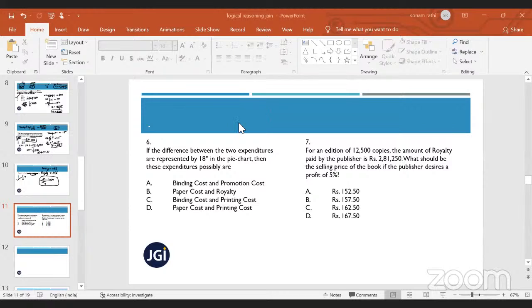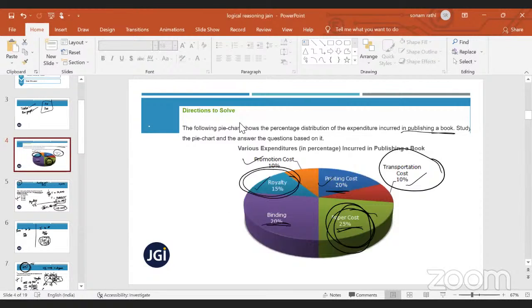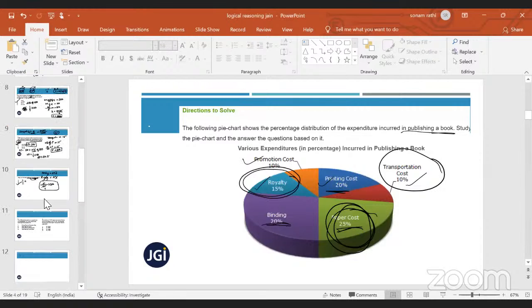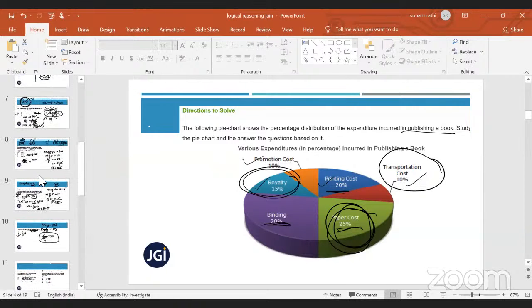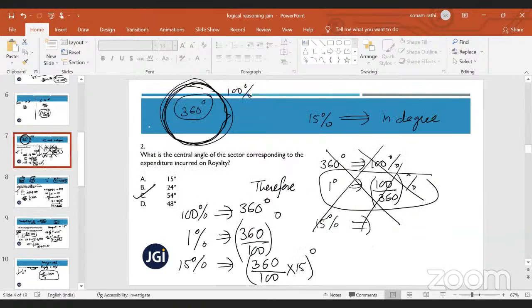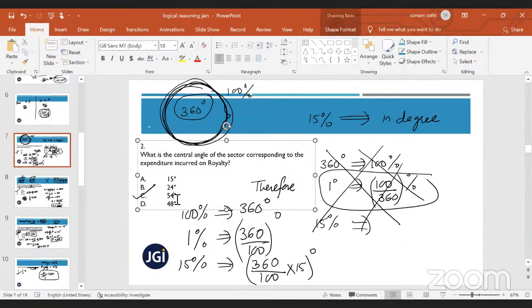So how will you do question number 6? The difference between the two expenditures is represented by 18 degrees. Okay, so the best way is I will convert everything into degrees. Which one have we already converted into degrees? Royalty. Royalty is 54 degrees.